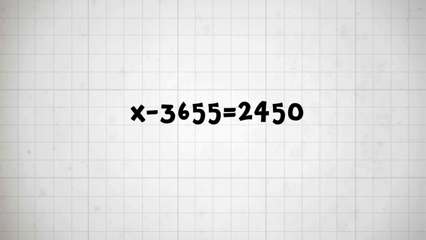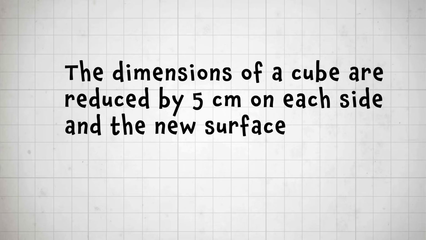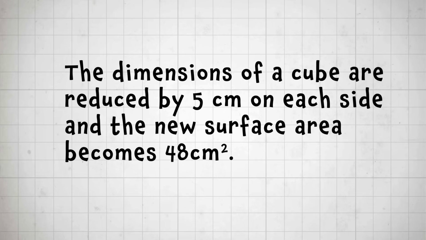Item number 2, let's read it first. The dimensions of a cube are reduced by 5 centimeters on each side, and the new surface area becomes 48 square centimeters. For 30 seconds, let's do this.